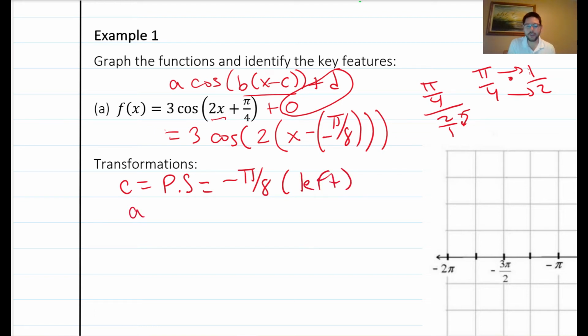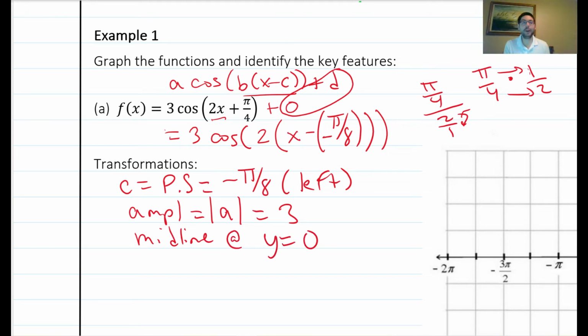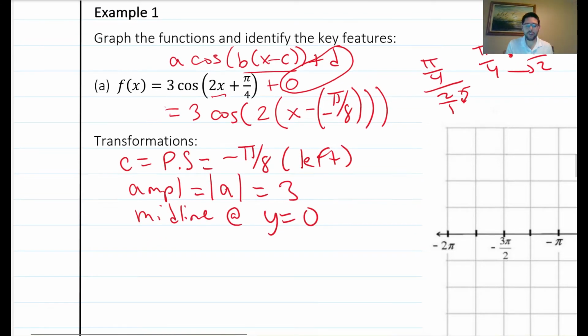And my amplitude, I'm just going to write AMPL, is my A term, the absolute value of A. So it's just going to be 3 in this case. My midline is at y equals 0. That's my D term, which is 0. And then, oh, we also have to do the period.